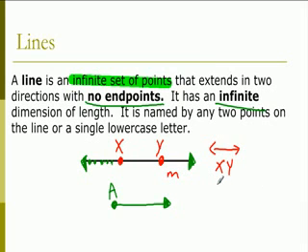We could call it line M. Or we could call it, this line down here, line A. So you could say line M or line XY. So this is line XY, and this whole line is line M.